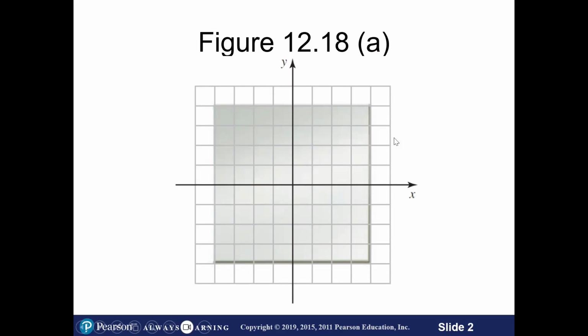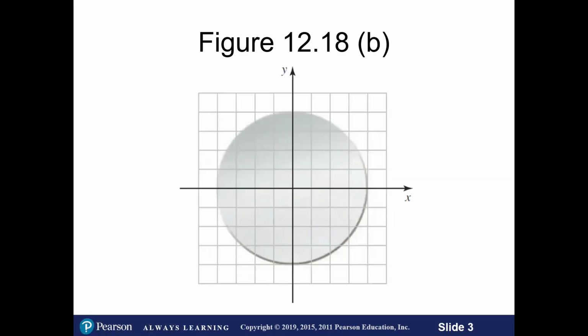So the point 2, 2, for example, in Cartesian coordinates, we say we're going to move 2 units up the x-axis and 2 units up the y-axis, and that gets us to our point.